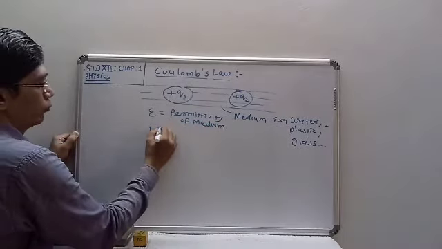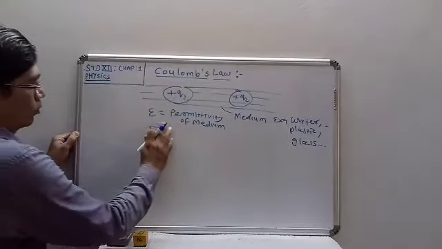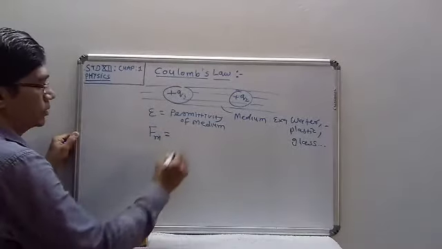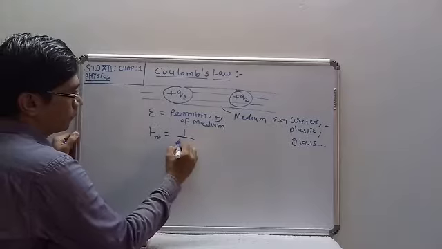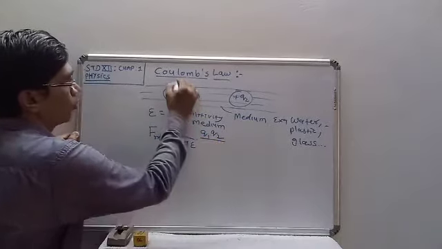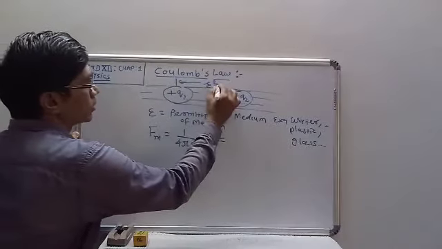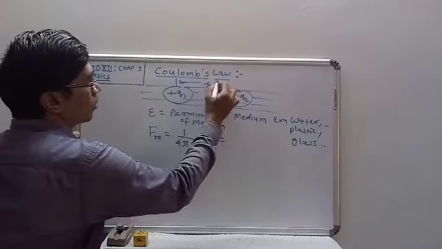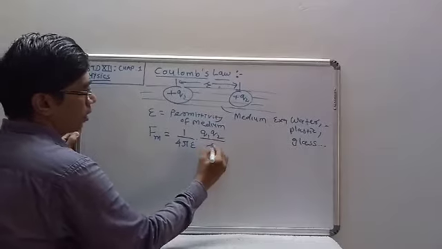So the new force F dash, or F medium, is given by 1 upon 4 pi epsilon, q1 q2 upon the distance r square.